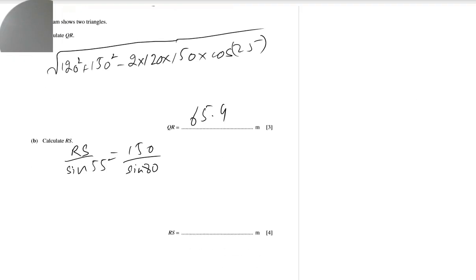So it will be 150 sine 55 over sine 80. 124.768. 124.77.